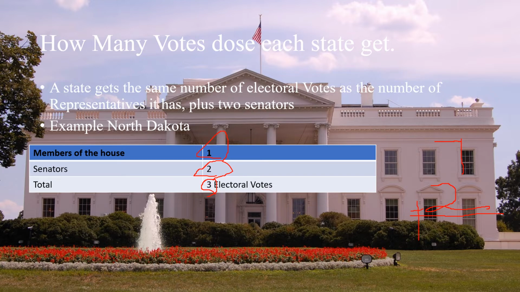So we have a total of 11 electoral votes. You'll have to forgive my bad drawing skills with the computer. So yeah, that's how you know how many votes each state gets.